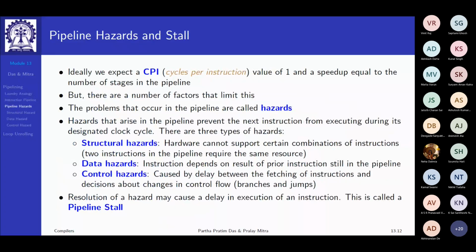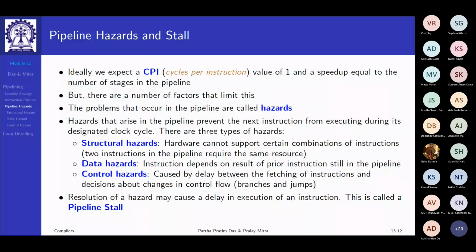Now, ideally we would expect a CPI of 1, and the speedup should be equal to the number of pipeline stages. But there are several hazards which may limit this, and there are three types of hazards. One is called structural hazard, which is primarily due to the pipeline hardware that it has.